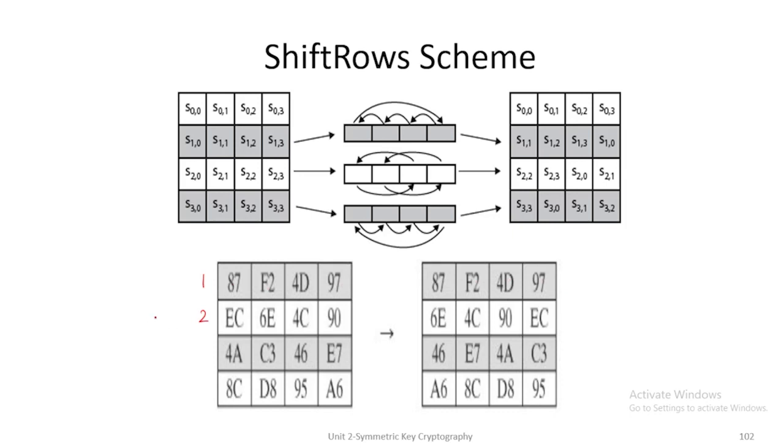This is the second row, so I apply a one-position left circular shift: 6E, 4C, 90, then EC will be stored in the last column. For the third row, I shift by 2 positions: 46 E7 4A C3. For the fourth row, a 3-position left circular shift: A6 8C D8 95. In this way, the shift row operations are done.